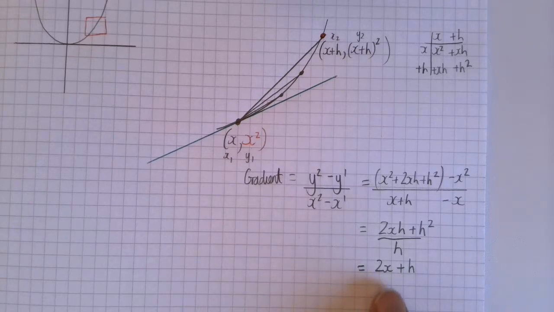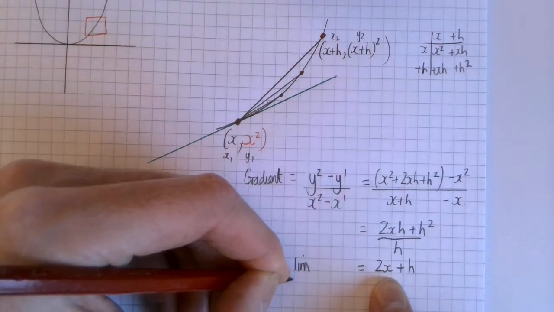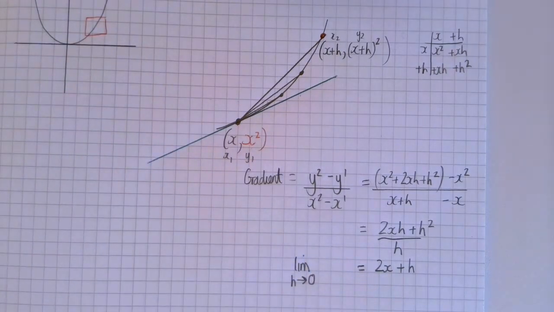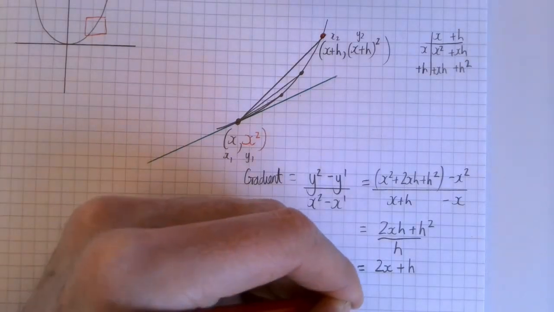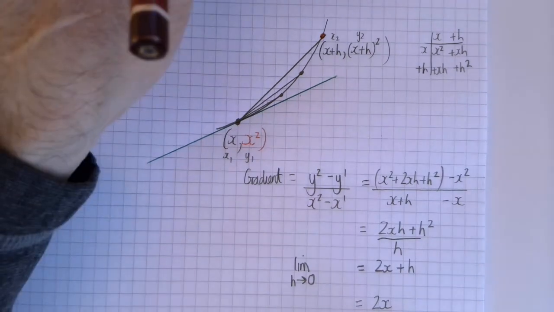So what they do is they said, okay, what's the limit of this as h goes to 0? What happens to that expression as h gets smaller? And I hope you can see that if h gets smaller, you end up with 2x.